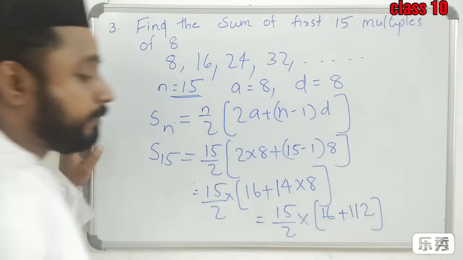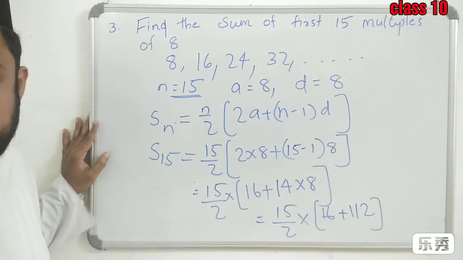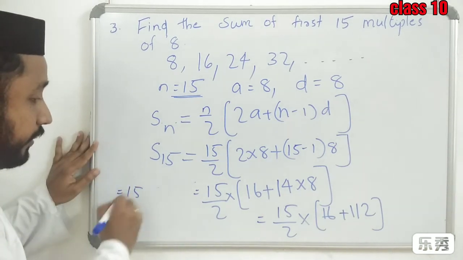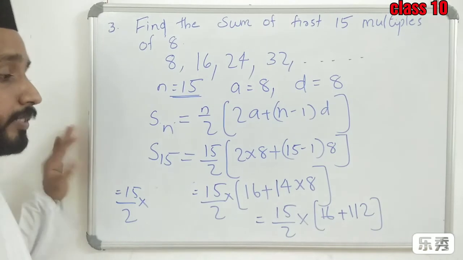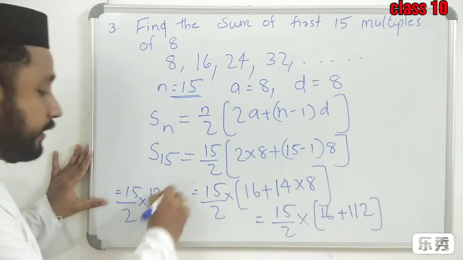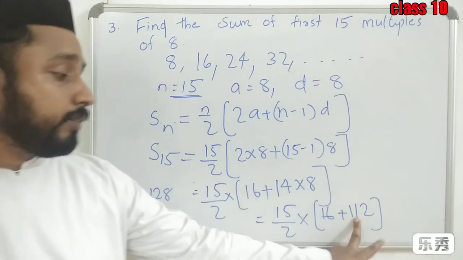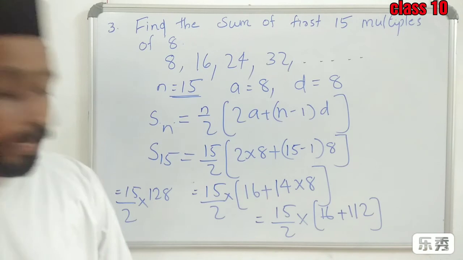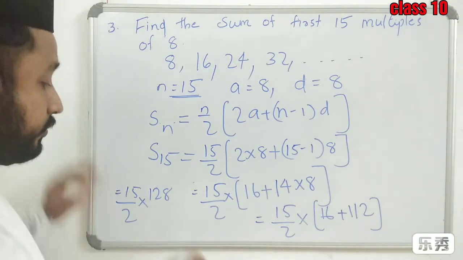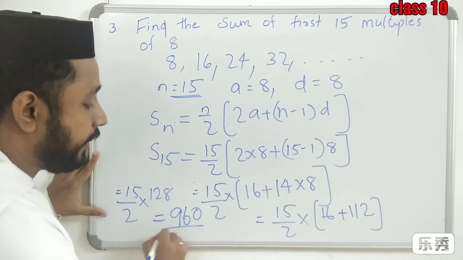So 15 by 2 into 16 plus 112, that is 128. 15 into 128 by 2, the answer is 960.